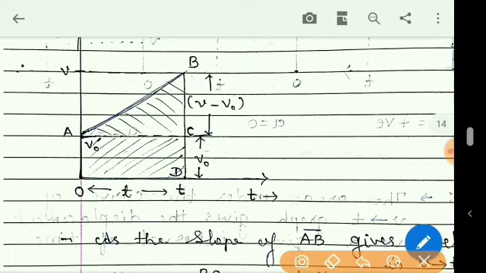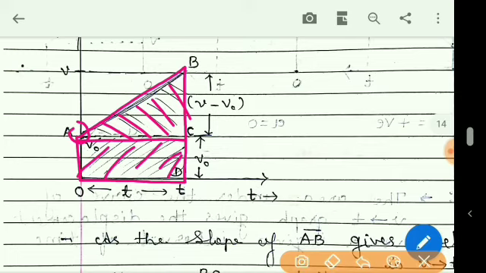But we know that this region, that is O, B, D, O and A, is made up of a triangle and a rectangle. Which triangle? Triangle ABC and rectangle ACDO.